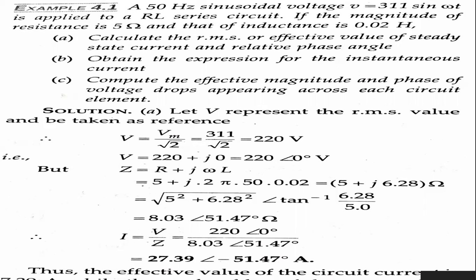Secondly, the frequency and the voltage are given. That is, a sinusoidal source voltage V equals 311 sin omega t is given at the input side, and the frequency is 50 Hertz. Apart from that, two component magnitudes are given: the resistor value is 5 ohm, whereas the inductance value is 0.02 Henry.